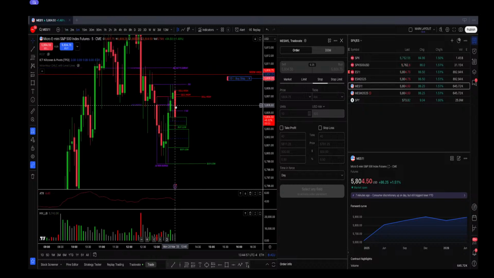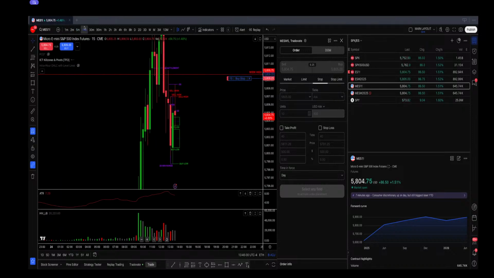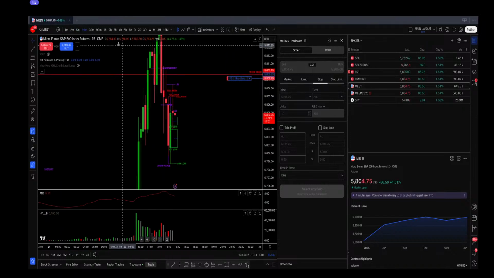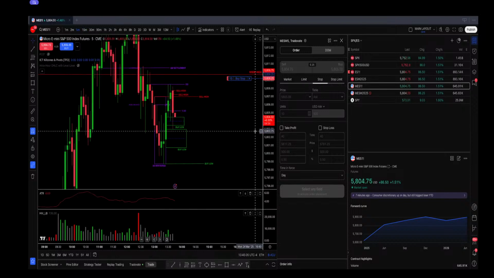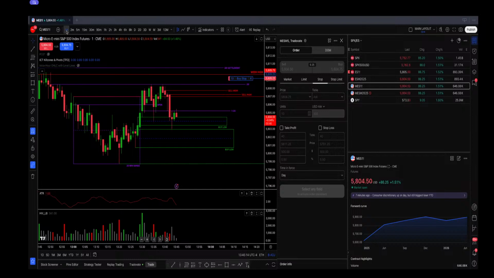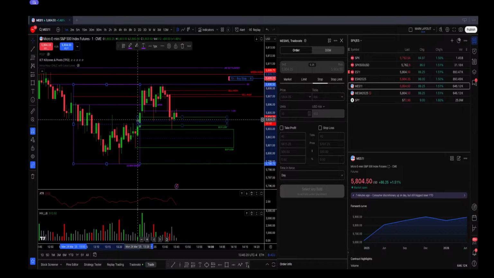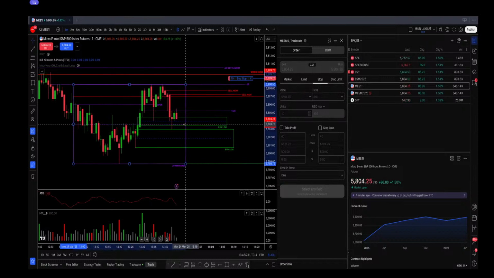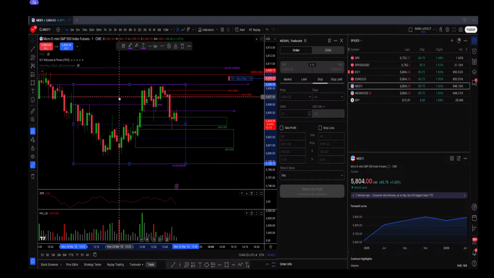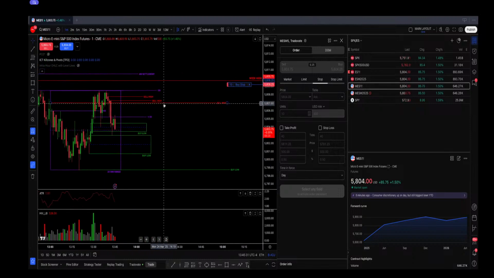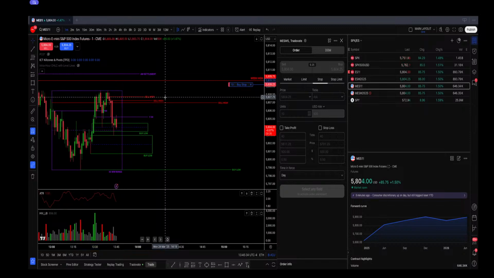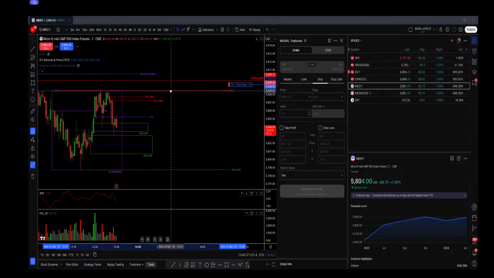Added volume here. No added volume here. All right, let's start building the macro. Take weight at 50. Put this up.